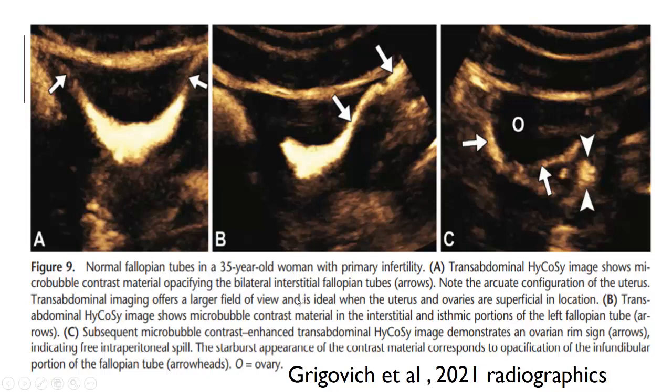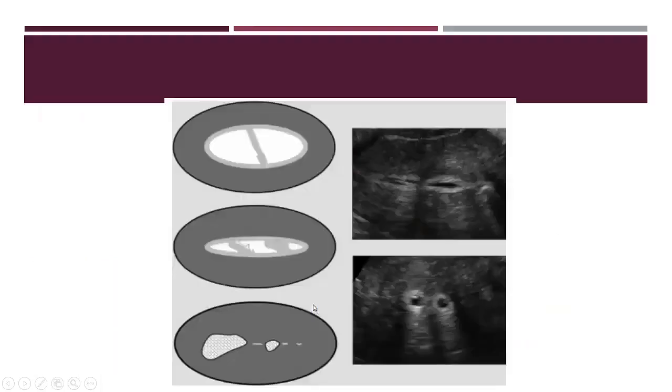But in Egypt contrast ultrasound using microbubble contrast material to show the fallopian tubes is not widely available. And here, there's intrauterine synechia, like the case I showed you. The linear filling defect could be seen on sonohysterography.